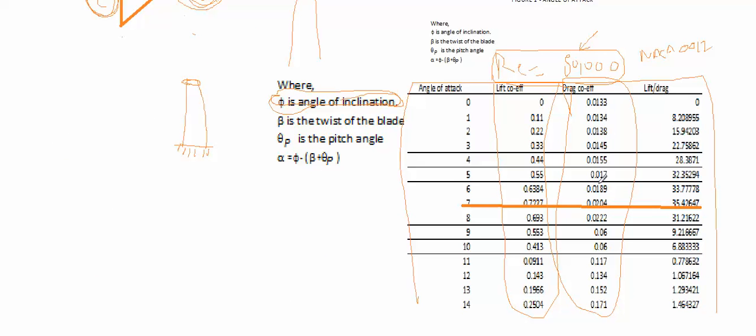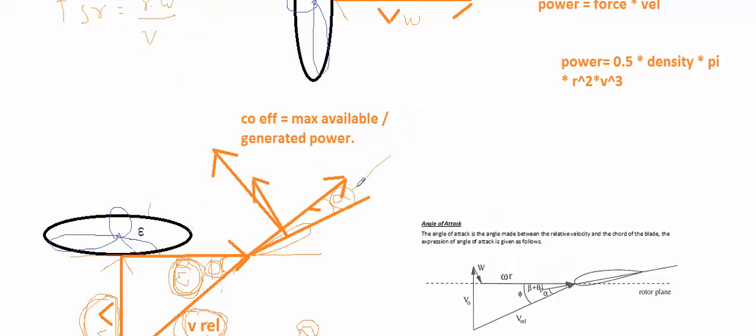In this blade profile at this Reynolds number, the best possible angle of attack that we can obtain is 7 degrees. So this is our target. This is where we want to be. This is the angle we want to achieve no matter what.